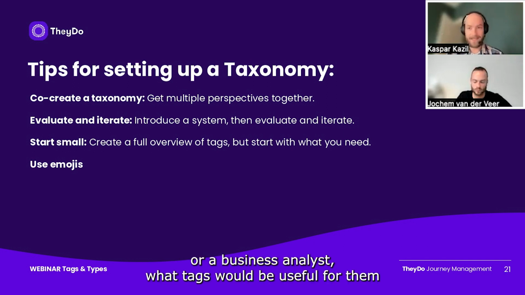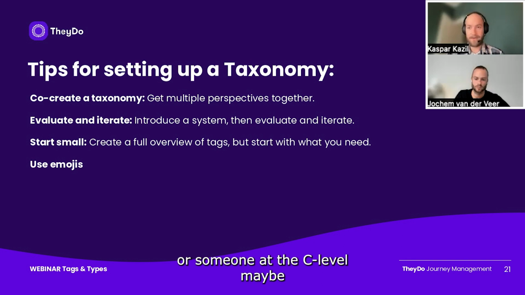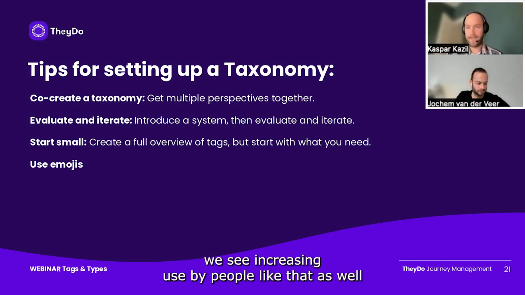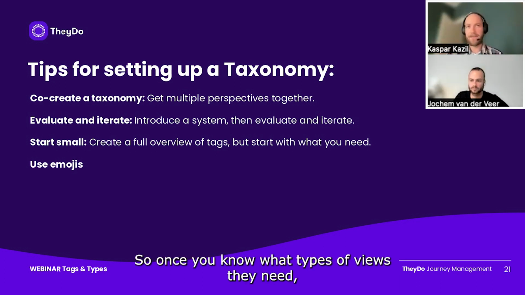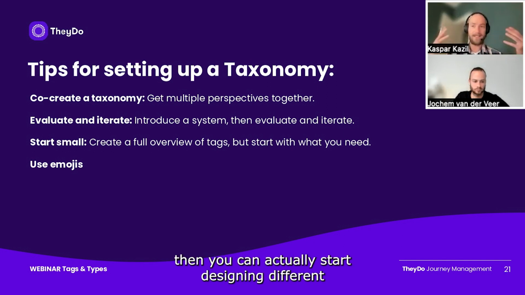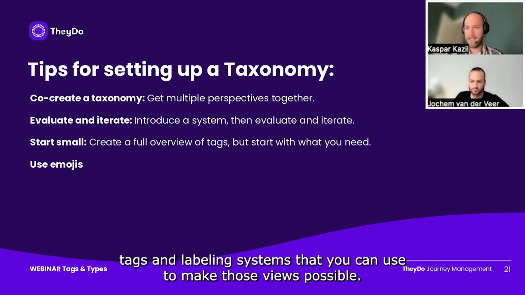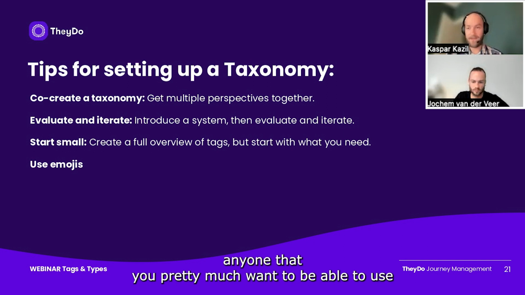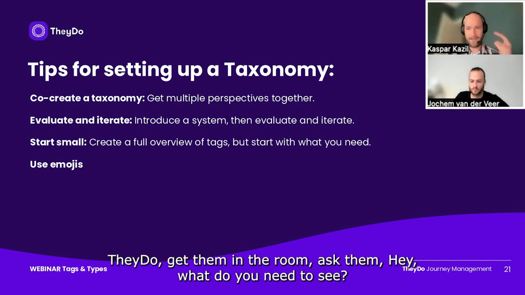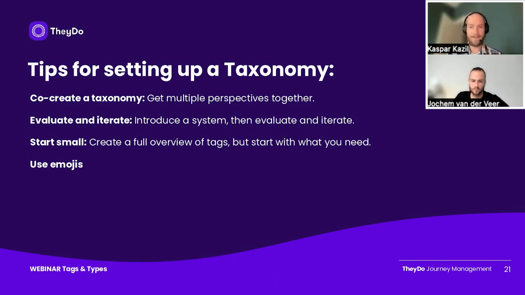Or a business analyst, what tags would be useful for them? Or someone at the C-level, we see increasing use by people like that as well. What are the types of cross sections that they need? Once you know what types of views they need, then you can start designing different tags and labeling systems that you can use to make those views possible. So anyone that you want to be able to use TheyDo, get them in the room, ask them, hey, what do you need to see? And then set up the tags accordingly.